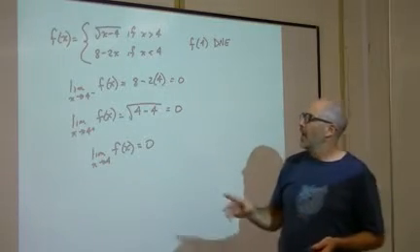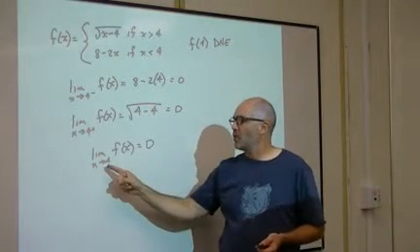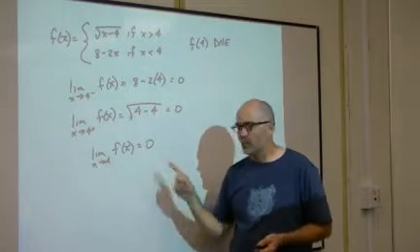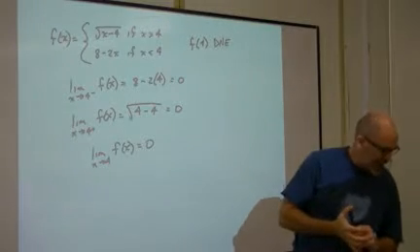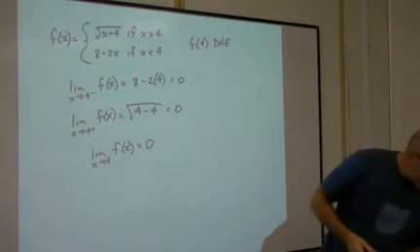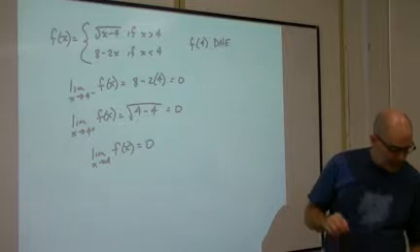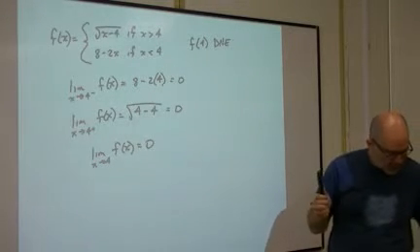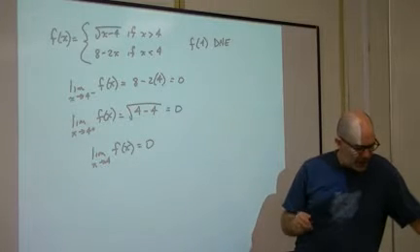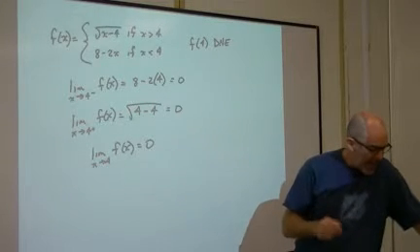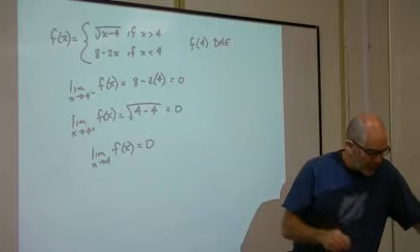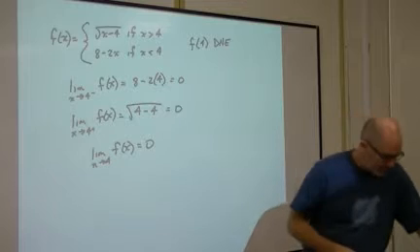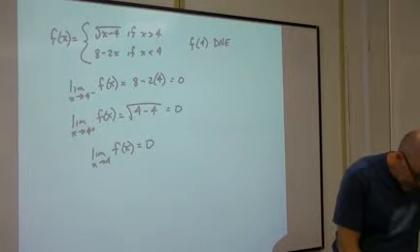So there is no value when x equals 4 of this function. But the limit still equals 0. As you approach x equals 4 from the left, the function value is getting closer and closer to 0. As you approach from the right, the function value is getting closer and closer to 0. At x equals 4, the function is undefined, but we don't care. So that's it.